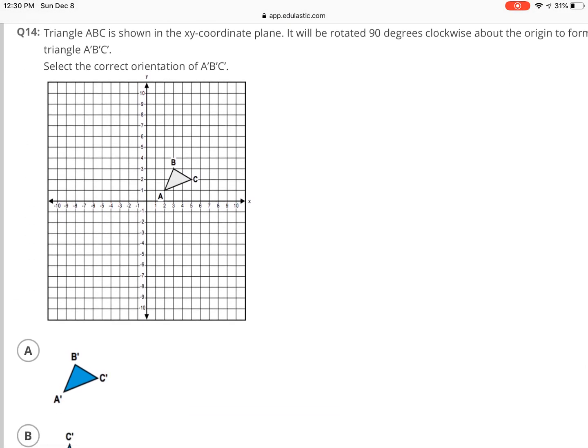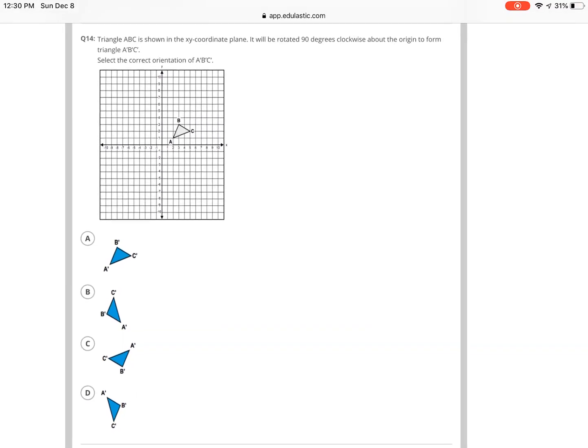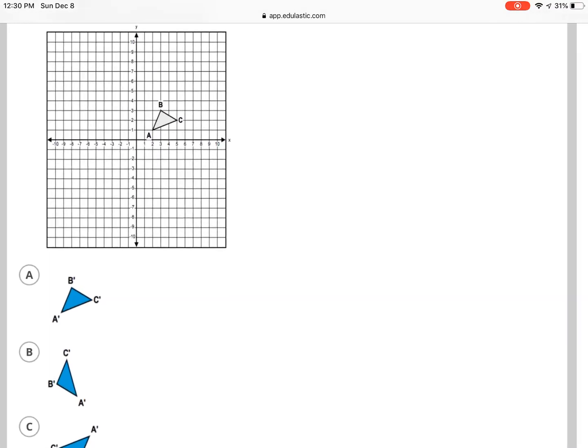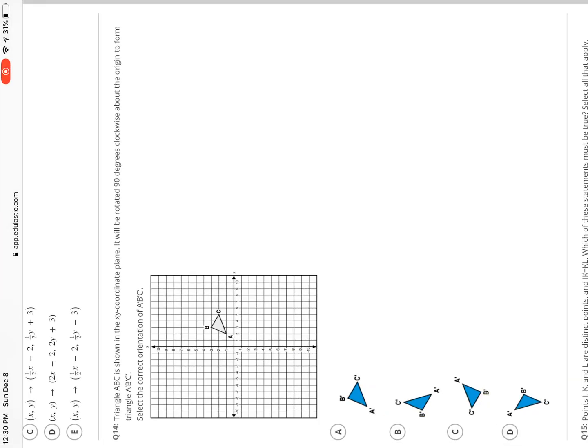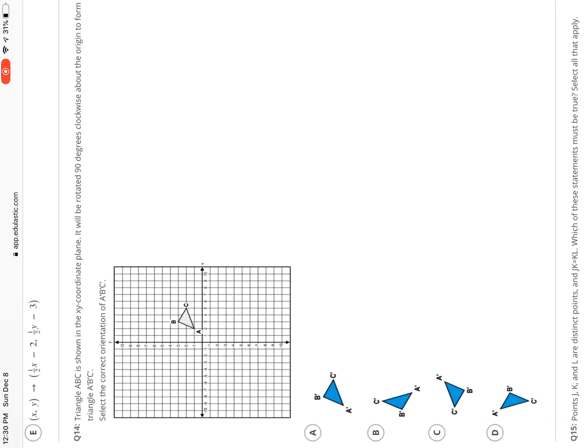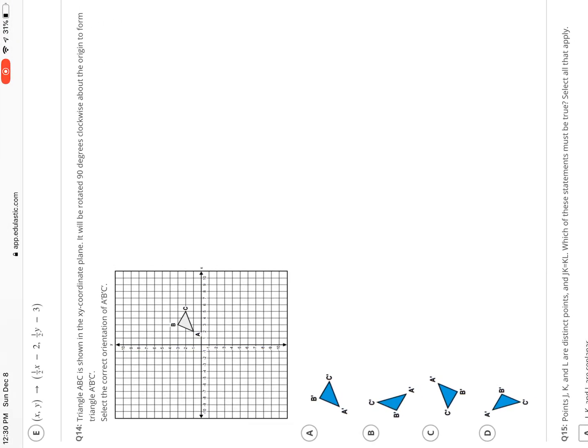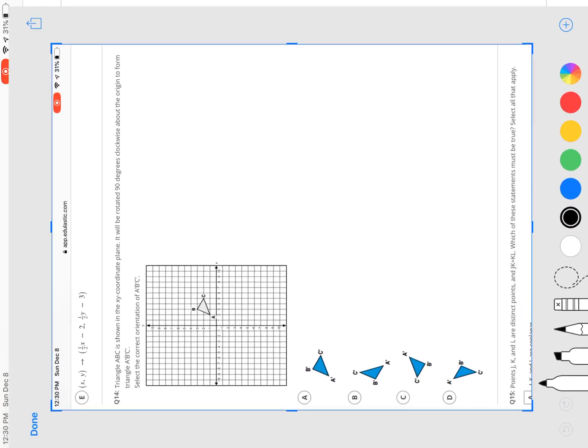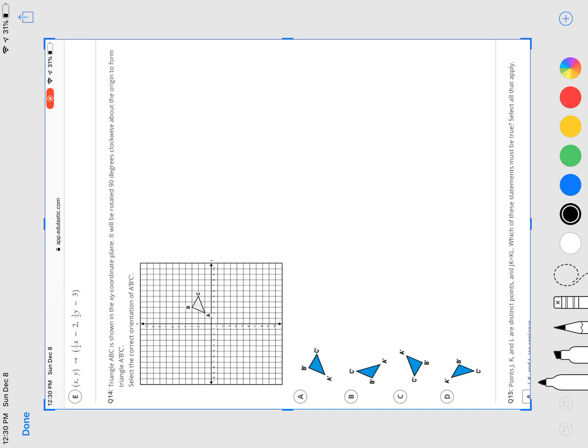Okay. 14. Triangle ABC is shown on the XY coordinate plane. It will be rotated 90 degrees clockwise around the origin to form triangle A prime, B prime, C prime.